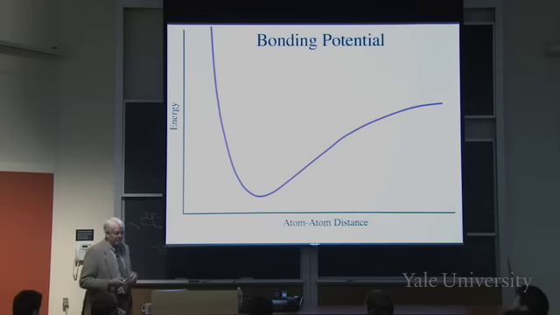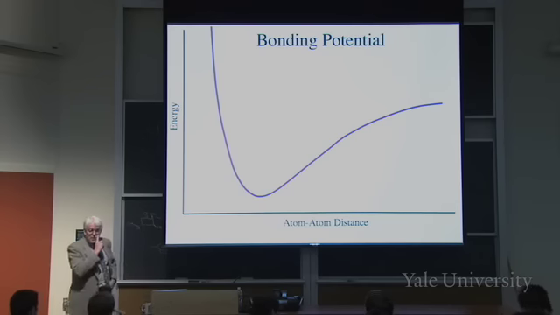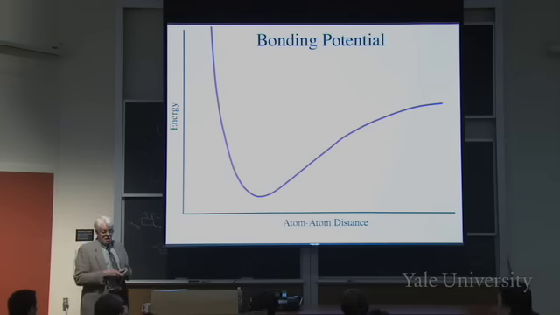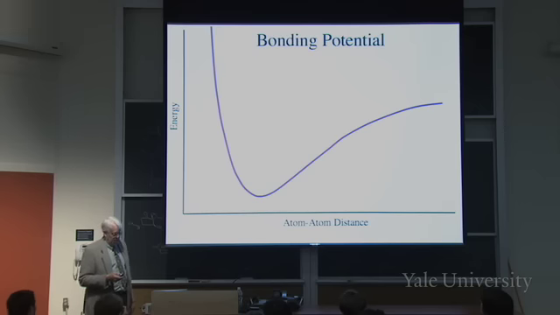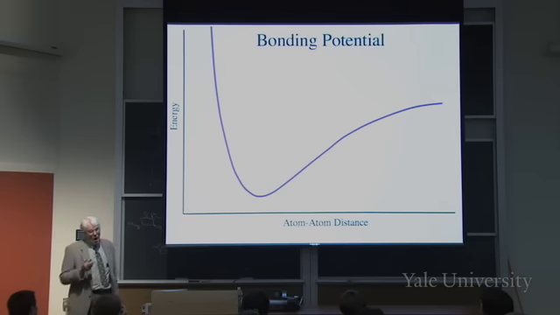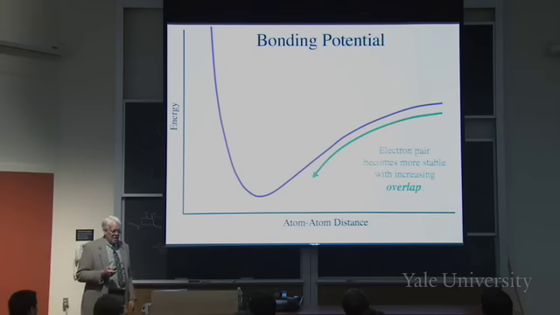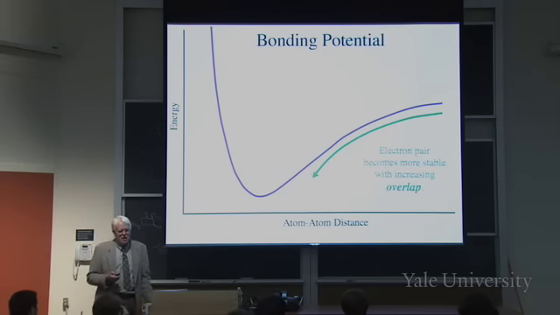Okay, so anyhow, this is the form of the bonding potential, the Morse potential, which was just cobbled together artificially to make it convenient to calculate things and to have reasonable properties for a bond. But now we understand why it should look like that. This first part, the attractive part, is because the electron pair becomes more stable with increasing overlap as the atoms come together.